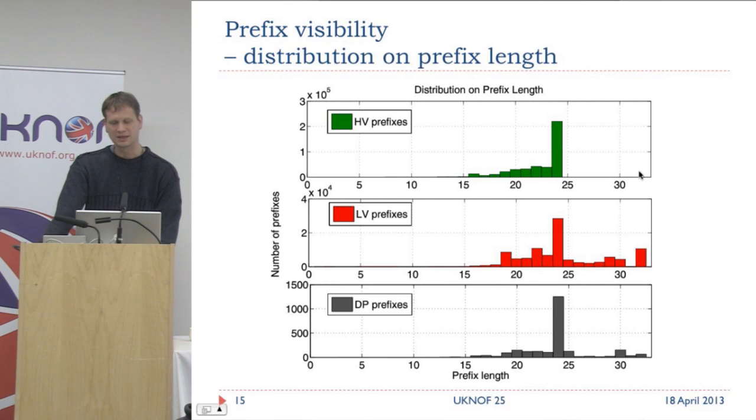Not surprisingly, anything beyond a /24, like /25 or longer, has no high visibility. So that is not surprising. But what was actually surprising to me initially when I saw the data for the first time is that we still have quite a bit of limited visibility prefixes with quite large address range, prefix lengths.